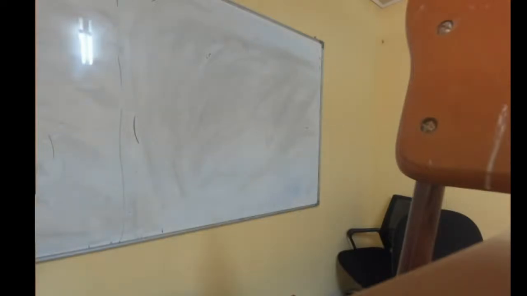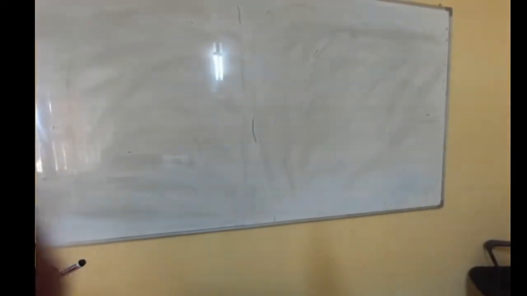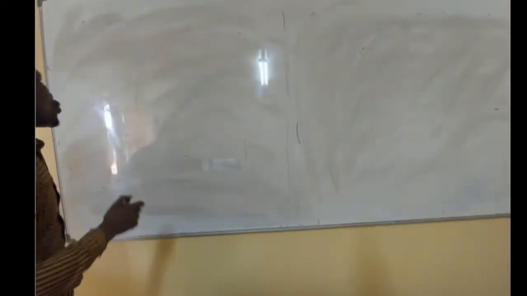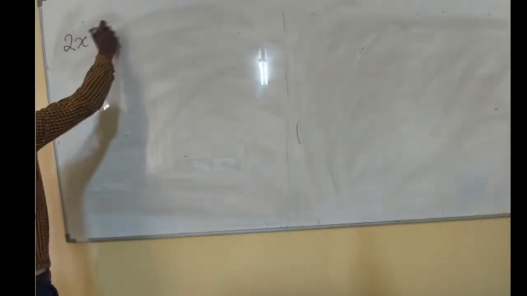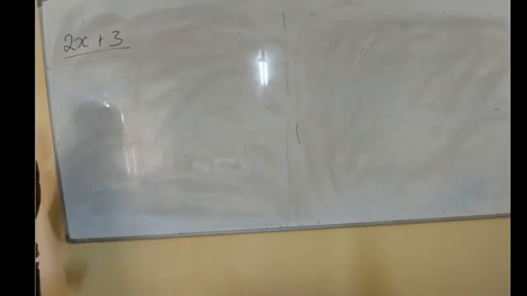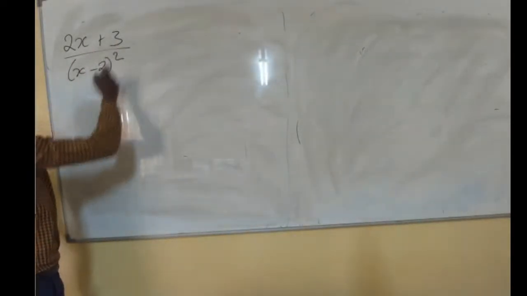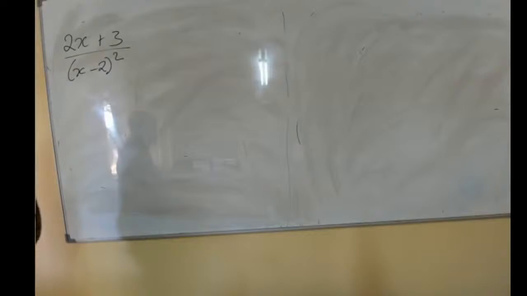Okay, so let's look at this question from this point of view. Now what we're having is 2x plus 3 divided by the square of x minus 1.